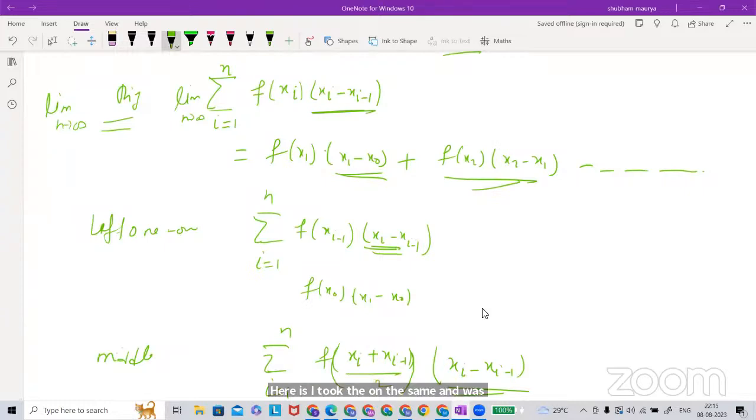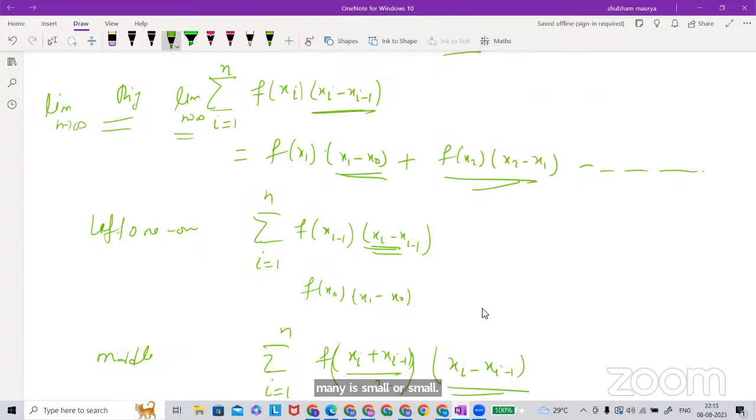What does it mean once I take the limit and n goes to infinity? It means you are breaking your interval into infinitely many small intervals.